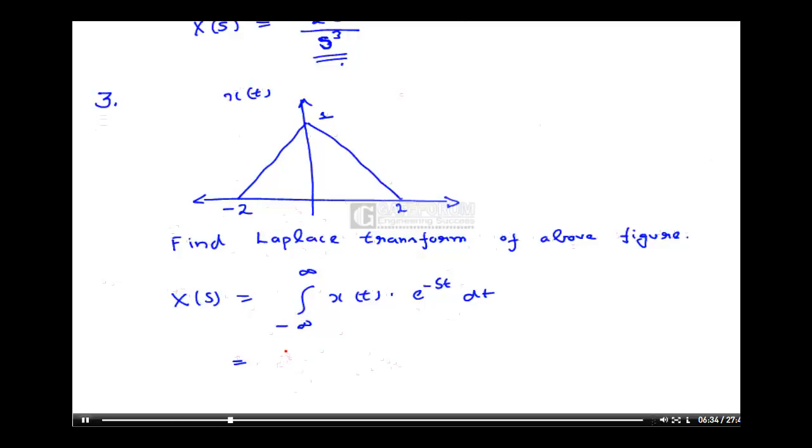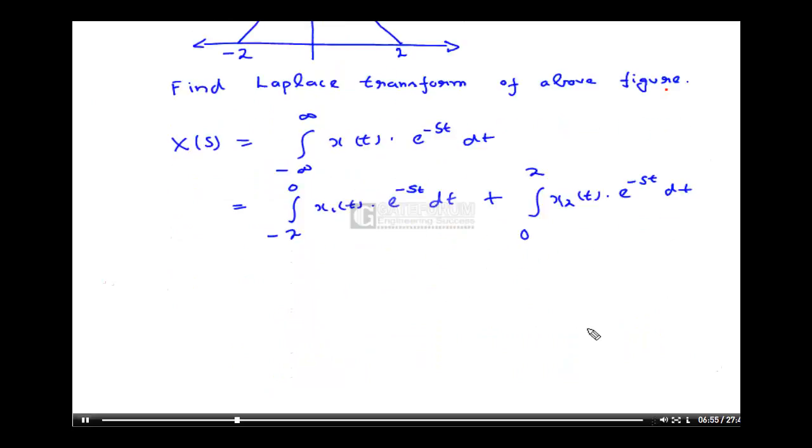So I'll write it like this: integral from minus 2 to 0 of x1(t) e to the power minus st dt plus integral from 0 to 2 of x2(t) e to the power minus st dt. Okay, now we have to find x1(t) and x2(t).